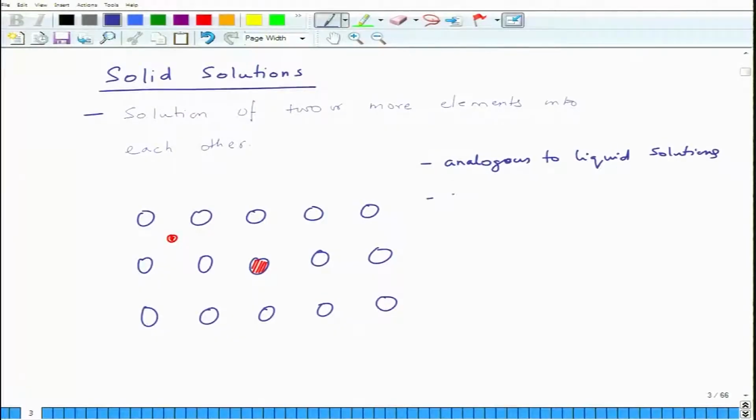Same thing happens with solids as well. Solids can only dissolve a certain amount of solute. So you have solute and you have solvent. Solvent is the host phase and solute is the impurity phase. They can only dissolve a certain amount of solute in most cases.